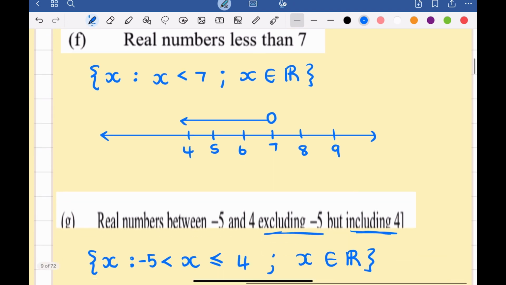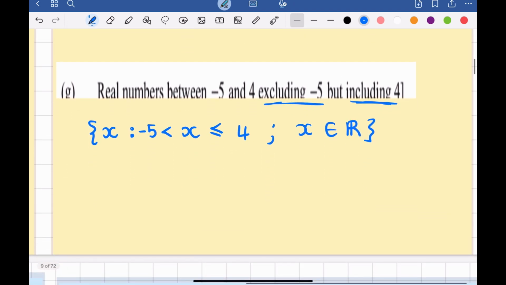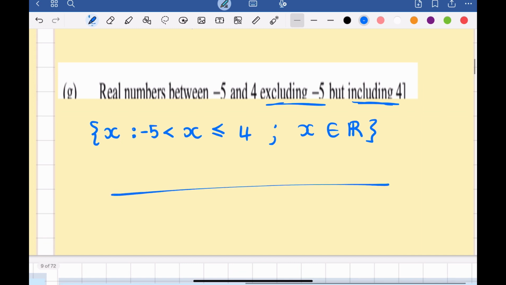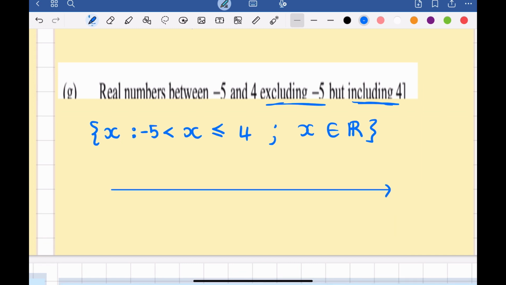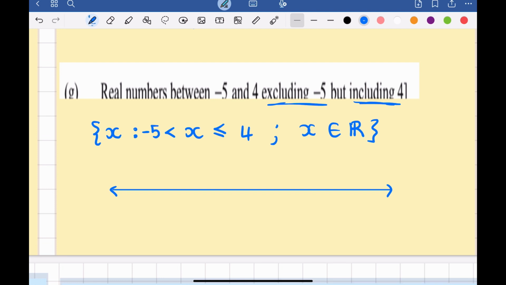Okay. Then we move on, real numbers between -5 and 4, excluding -5, but including 4. So here we've got, going to mark a few values, -6, -5, -4, -3, -2, -1, 0, 1, 2, 3.